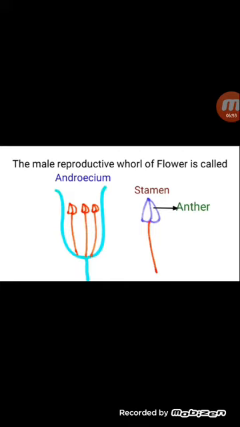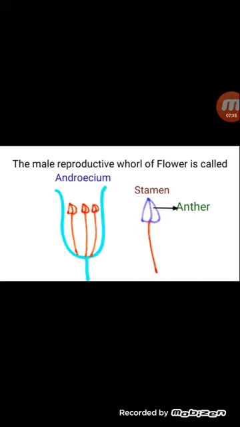Look at the spelling: A-N-D-R-O-E-C-I-U-M. Androecium is made up of stamens. The individual member of androecium is called stamen.